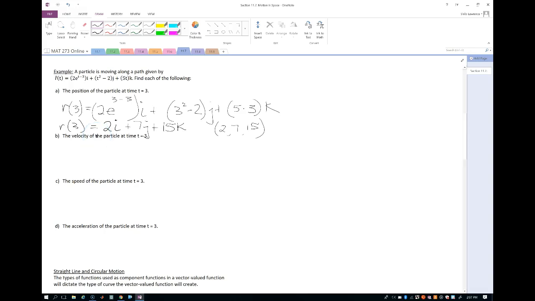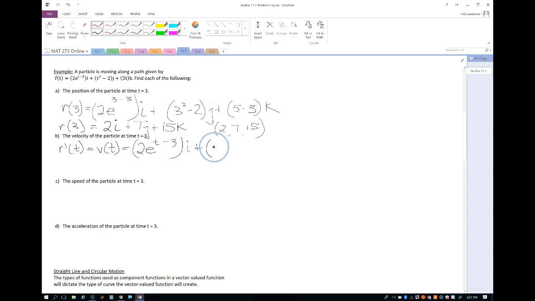This locates just a single point in space where our particle is located after a time of 3. For the velocity of our particle, we need to calculate our derivative. V of t is r prime of t. So before we plug our 3 in, we first need to calculate the derivative. So the derivative of 2e to the t minus 3 is 2e to the t minus 3. The derivative of the e is always itself, and then times the derivative of the exponent, which in this case is just a 1.